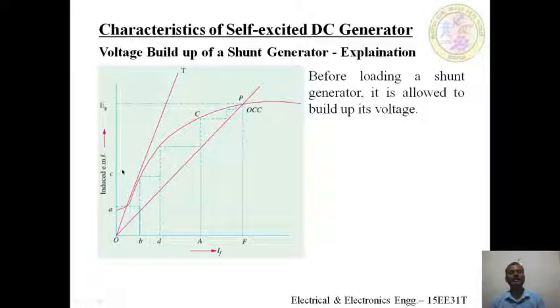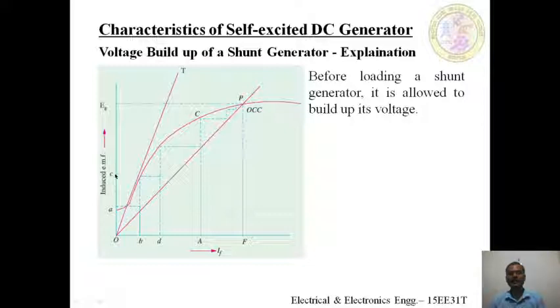So that is explained again with the help of this OCC. Here in this diagram, OA represents the EMF induced due to residual magnetism. That will circulate the field current OB in the field winding. This current, along with the residual induced EMF, will induce further more EMF OC.